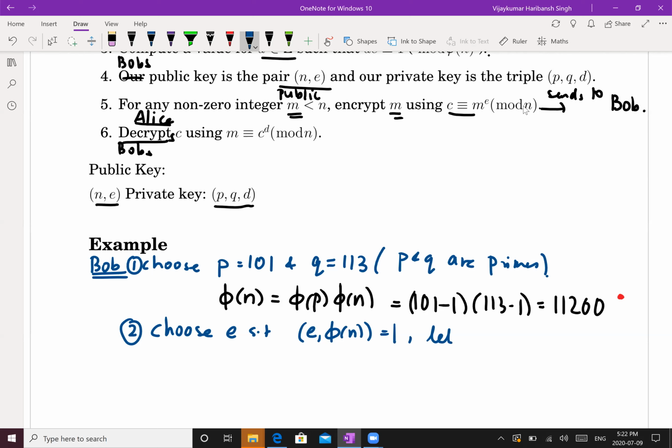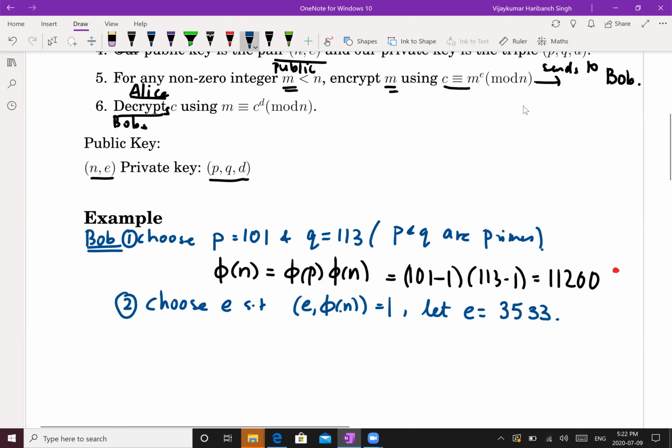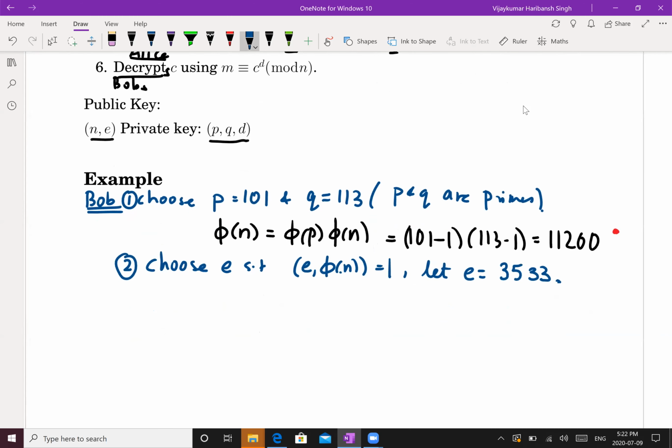Let E be 3533. So he randomly chooses E such that E and phi of n are coprime. Checking that also is not hard. You can run the extended Euclidean algorithm to check whether they are coprime or not.